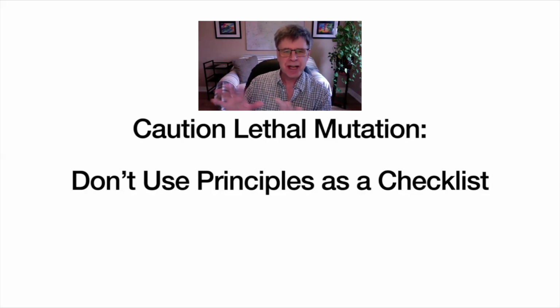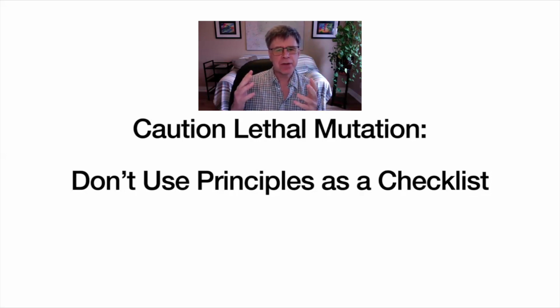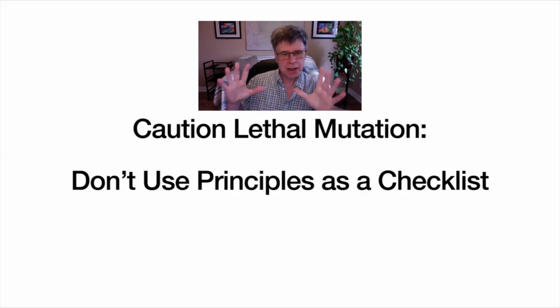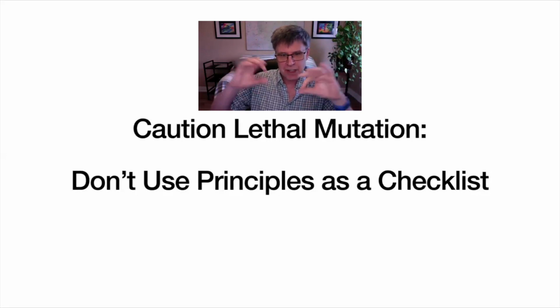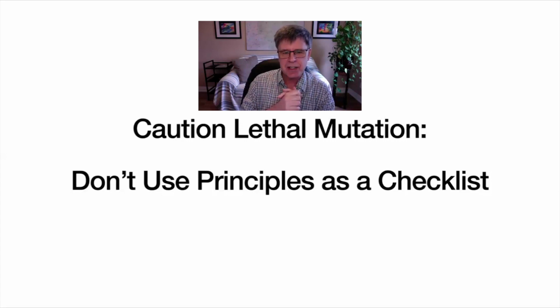And that's not how they should be used. This is what Kirschner and Hendrick refer to as a lethal mutation. A lethal mutation is a good evidence-backed idea that's been misinterpreted or misapplied. That's not how things should actually be done.